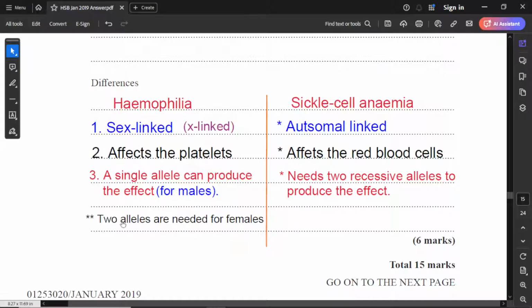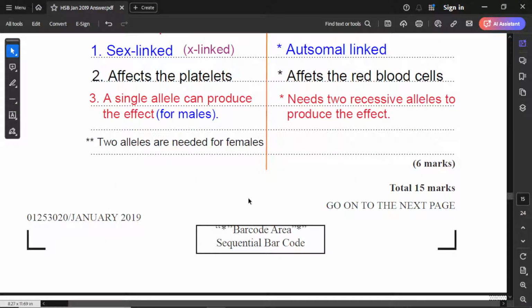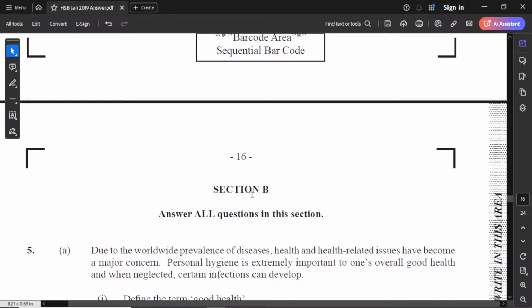And as I was mentioning in the third point, if you're female, however, then you need two alleles, which is the two Xs, because it is recessive. Again, recessive traits can only show when in the homozygous form. That means you must have two recessive alleles to see the condition if it's a recessive disease.